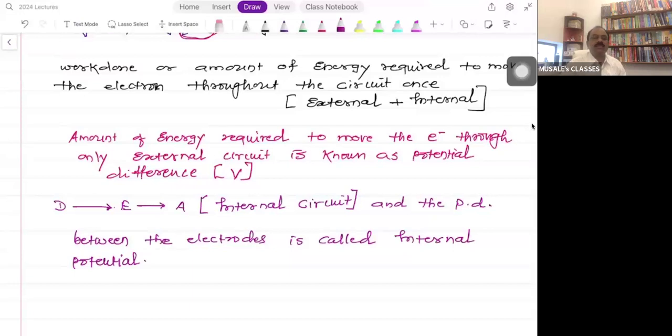In fact, this is the potential which is required for carrying the electron through the electrolyte.